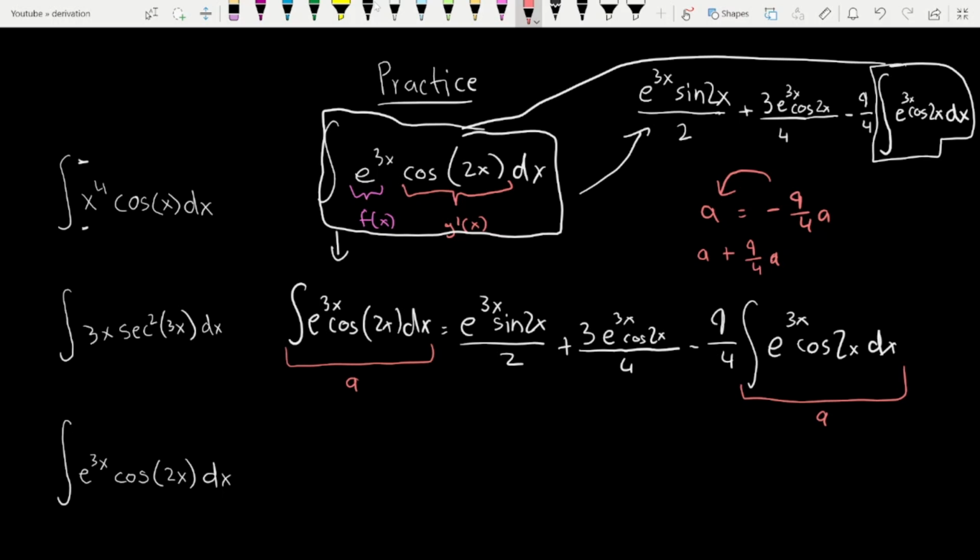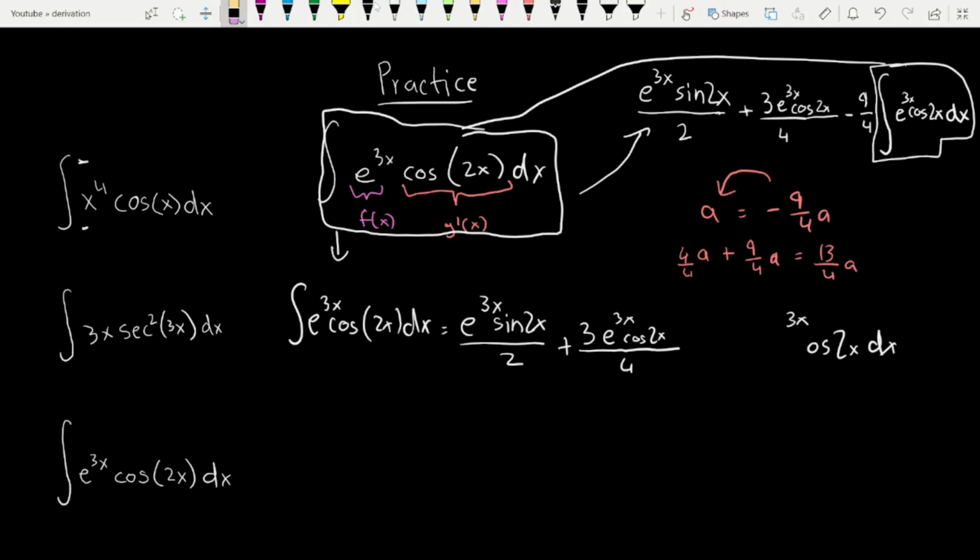So this is basically going to become 4 over 4, and so that's 9, 10, 11, 12, 13 over 4a. So you can erase this thing from over here and realize that your final answer is going to be 13 over 4 times this integral.